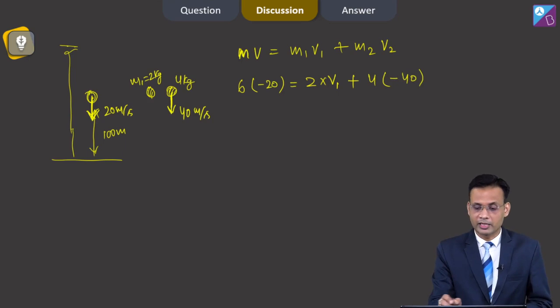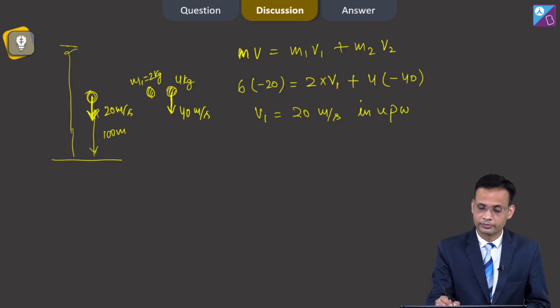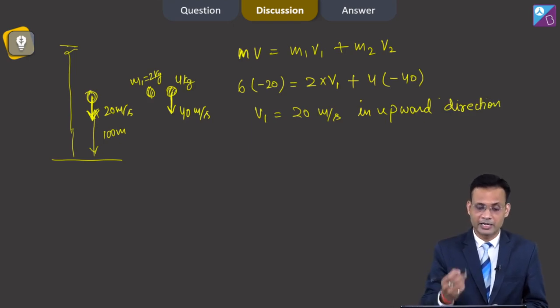If you solve this expression, you get v1 equal to 20 meter per second in upward direction. So, the velocity of the lighter mass is 20 meter per second in upward direction.